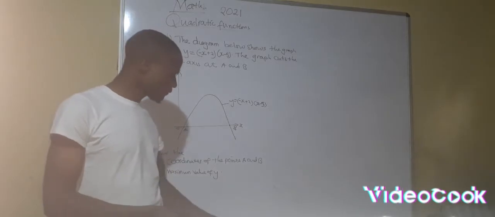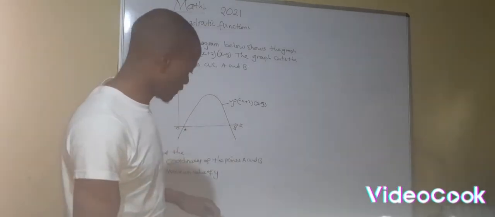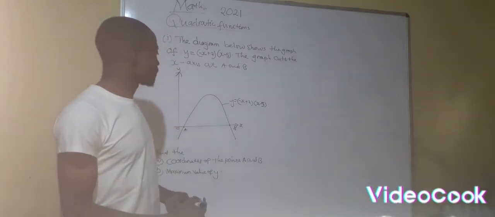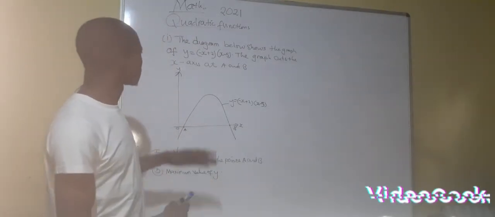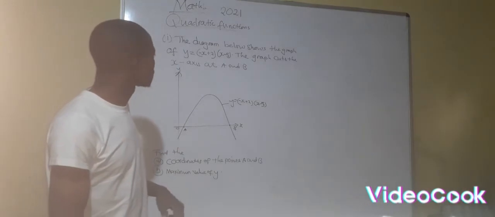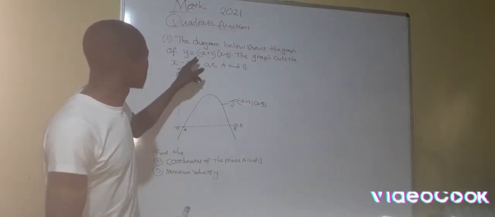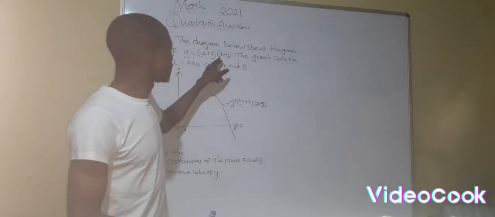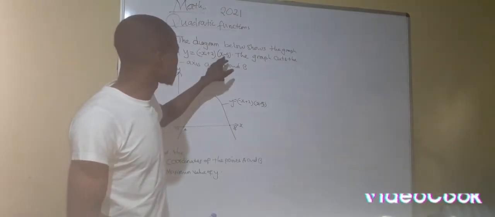Okay, solving this type of question is quite easy as well as tricky. So let's read the question. We see the diagram below shows the graph y equals negative (x plus 2)(x minus 5).